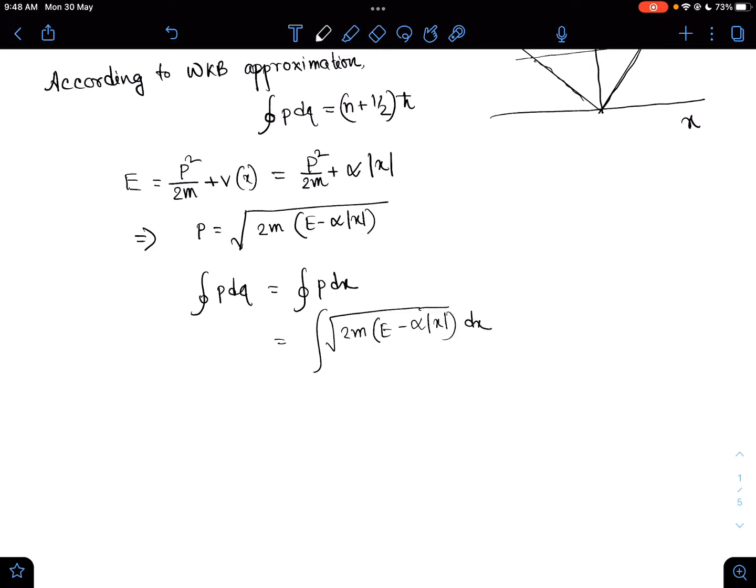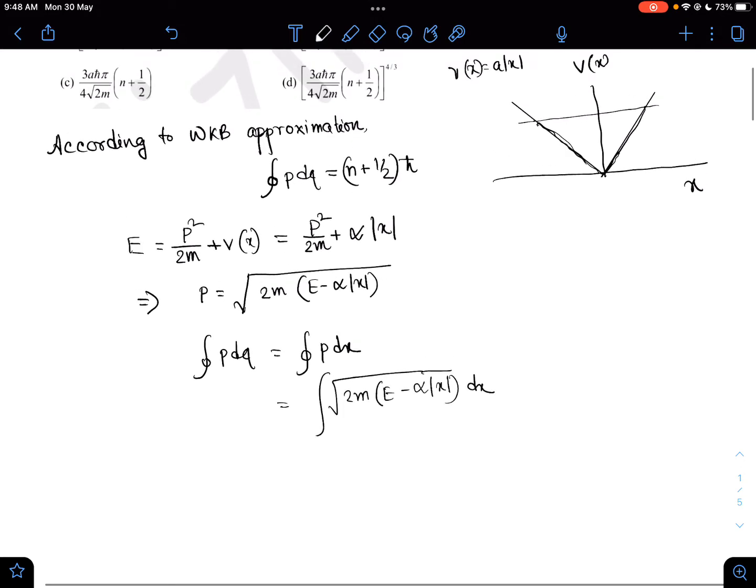And for this, what will be the integration limit? The integration limit will be from this point to this point. How to find these points?